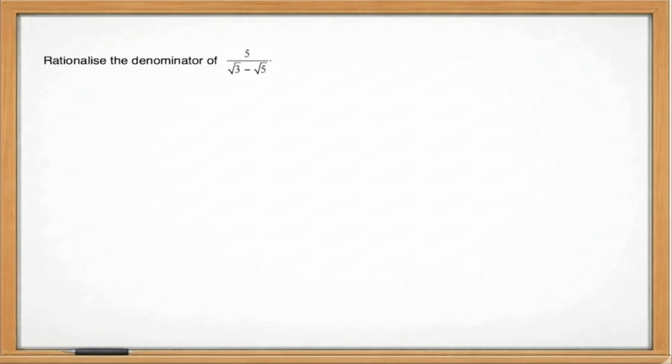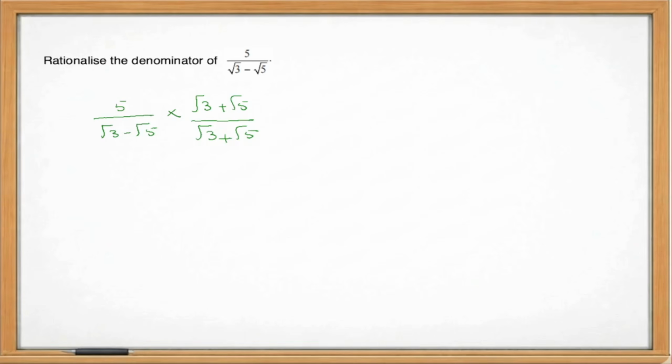Next question, that is, rationalize the denominator of 5 by root 3 minus root 5. For this, again, when you are rationalizing it, you take the denominator part on the numerator. Here the sign changes, it will become positive. The denominator part is the same numbers with the sign changed.